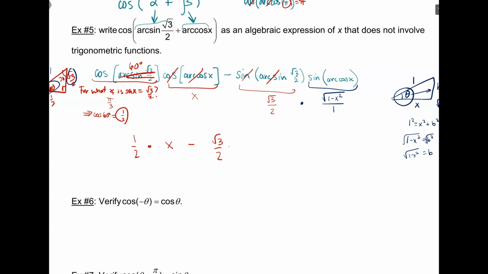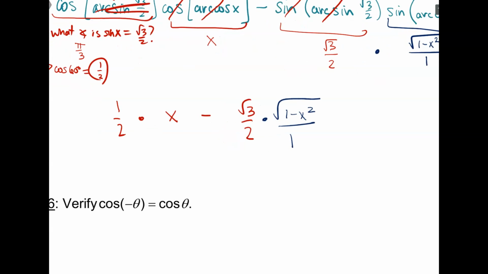So I'm going to come down here and write it. This is going to be equal to x over 2 minus root 3 times root 1 minus x squared, all over 2.